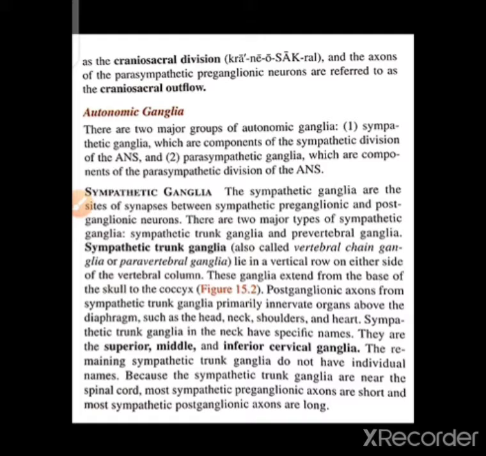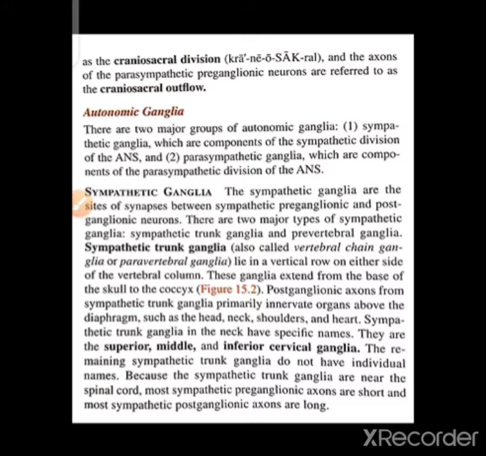Now, the remaining sympathetic trunk ganglia do not have individual names.